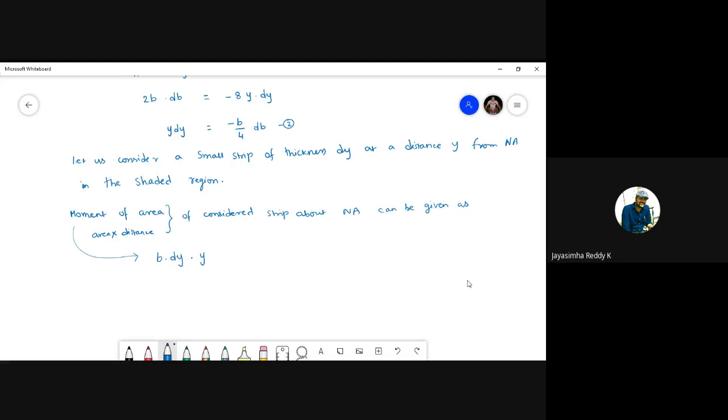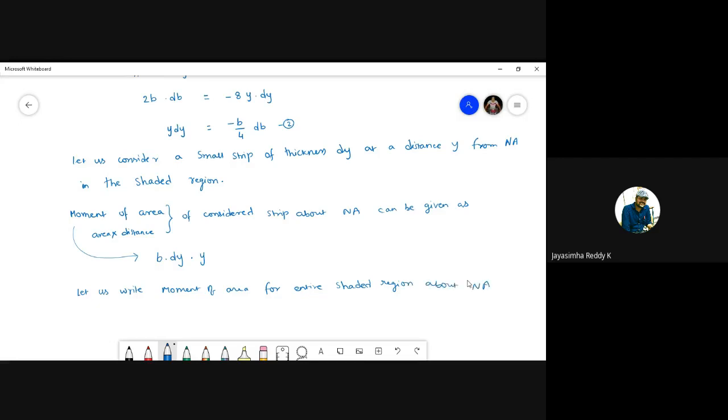Now keep this aside. Now if you want to write moment of area of the entire shaded region, so let us write moment of area for the entire shaded region. We know moment of area for a small strip, and I would like to write moment of area for the entire shaded region about neutral axis.